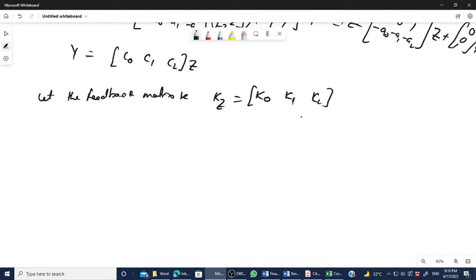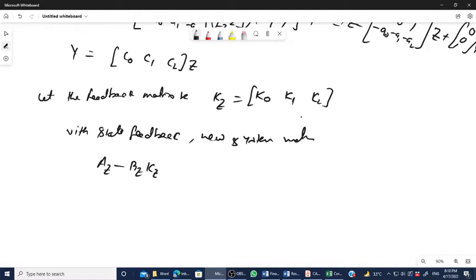So now your transformed system matrix with state feedback, the new system matrix, becomes, can you tell me, Az minus BzKz. So what is this?